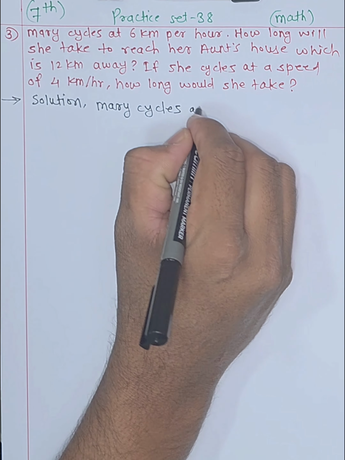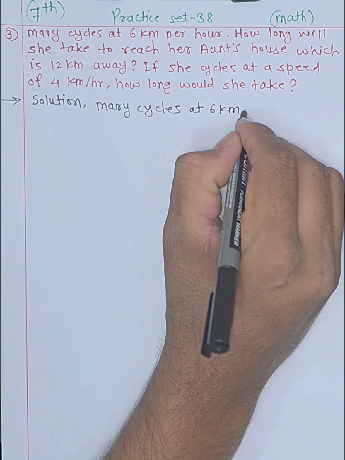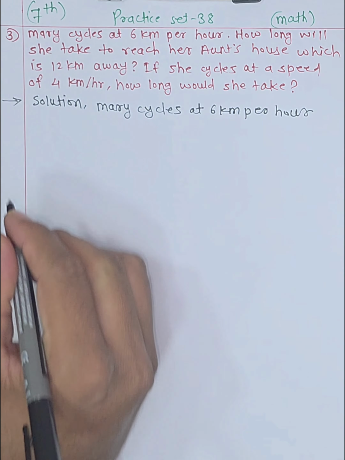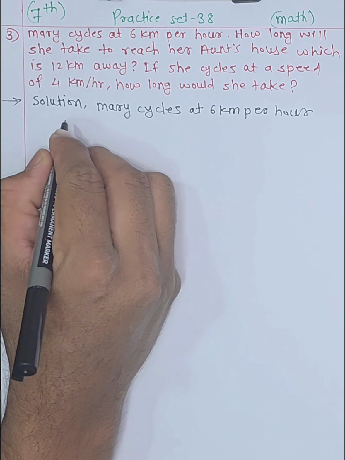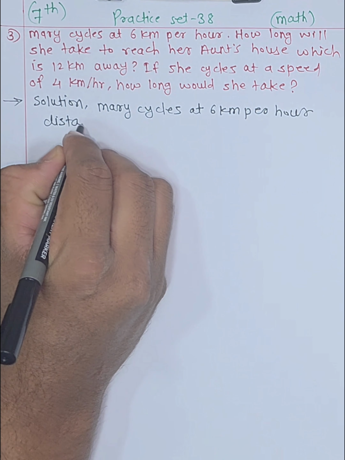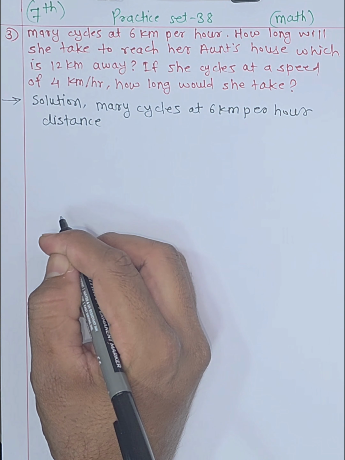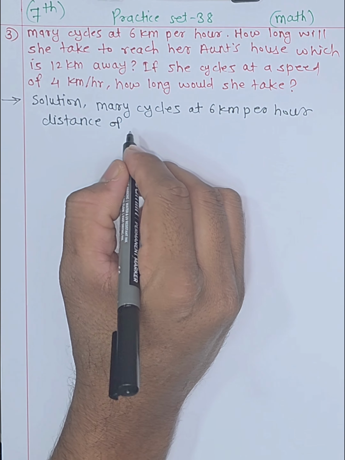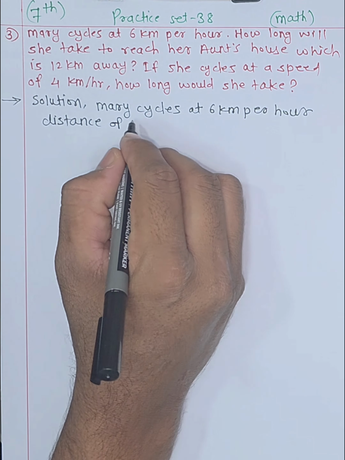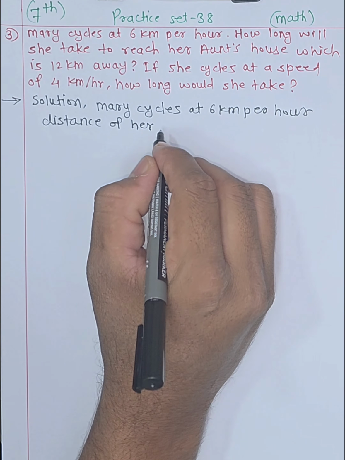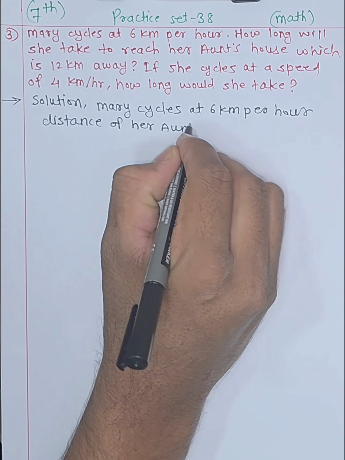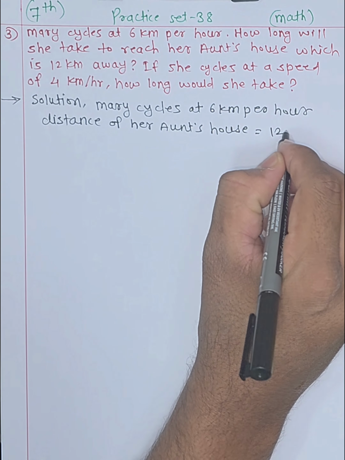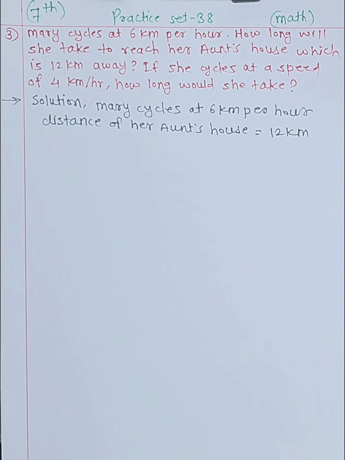Mary cycles at 6 km per hour. Distance of her aunt's house is equal to 12 km.